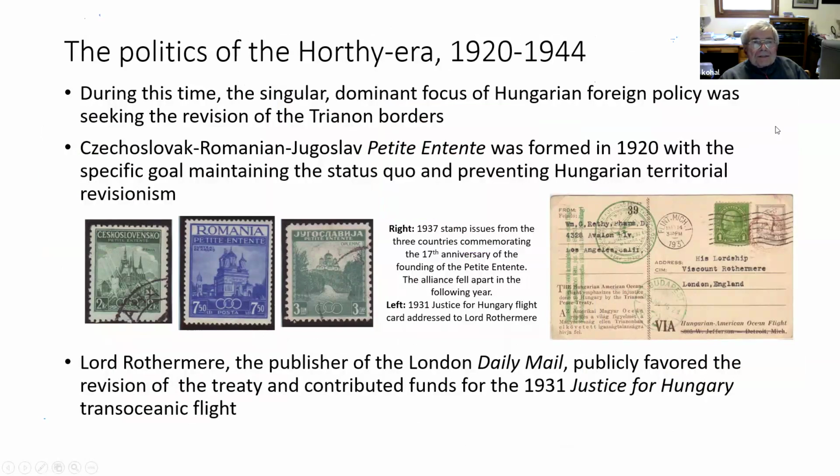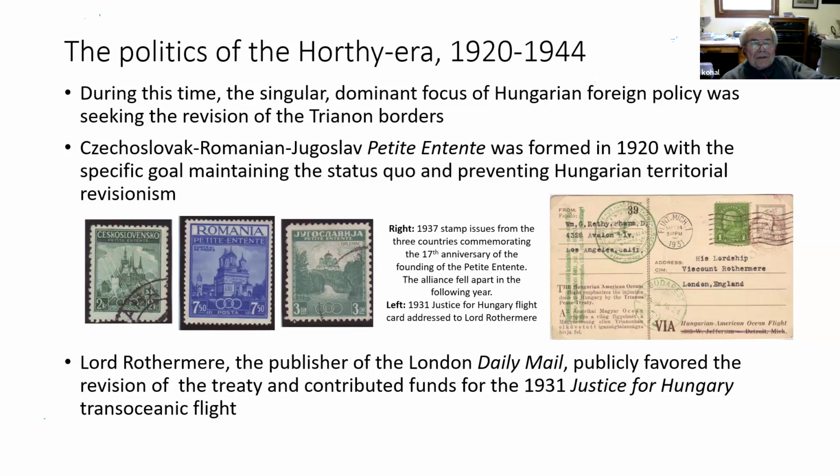Now, the politics of the Horthy era, which was between the two wars, the focus was on territorial revision. Of course, Hungary didn't have the military capability to exert its influence on the successor states, but at least they tried to do it diplomatically.